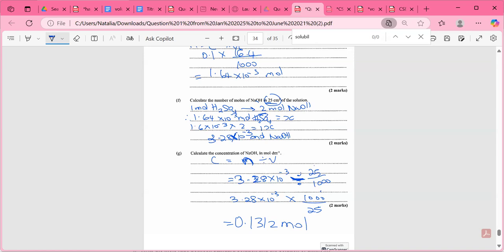When I divide by a decimal, I change the sign and flip the decimal.